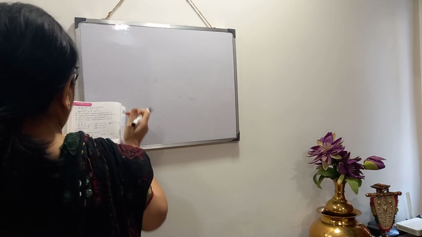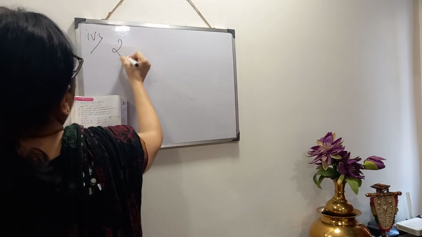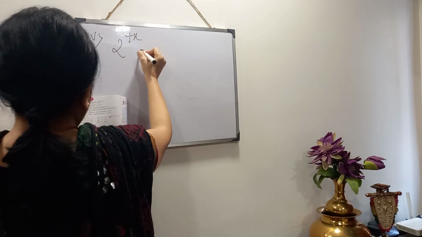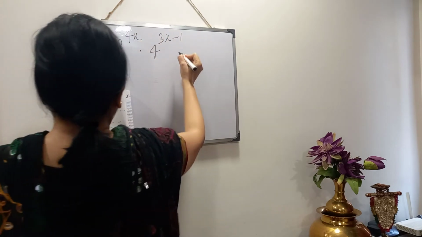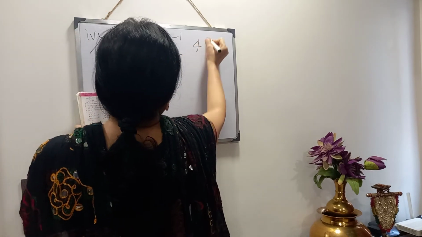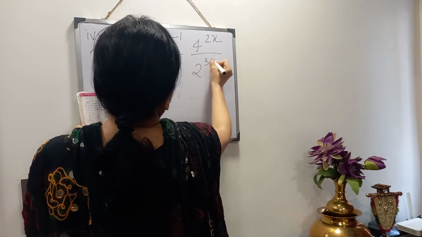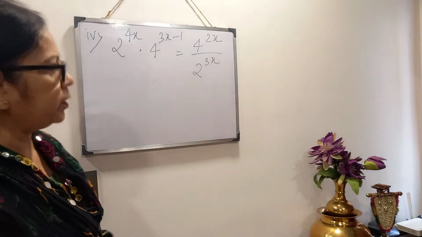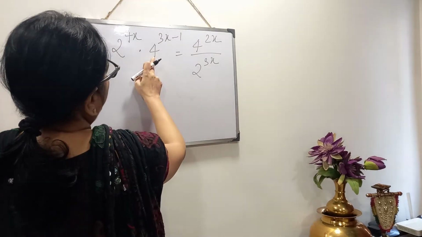number 4, we have to do in this way. 2 to the power 4x into 4 to the power 3x minus 1 equals 4 to the power 2x by 2 to the power 3x. Now here you have seen that there is base 2, and base 4.